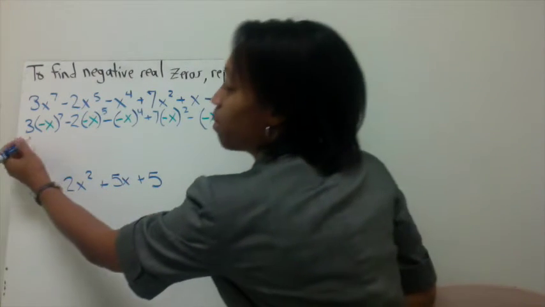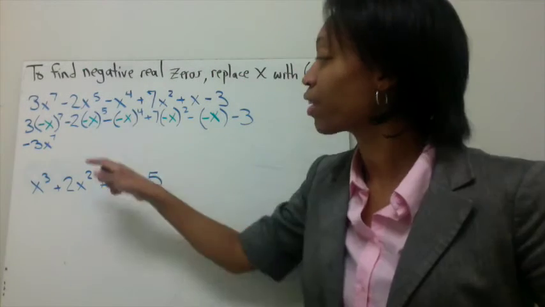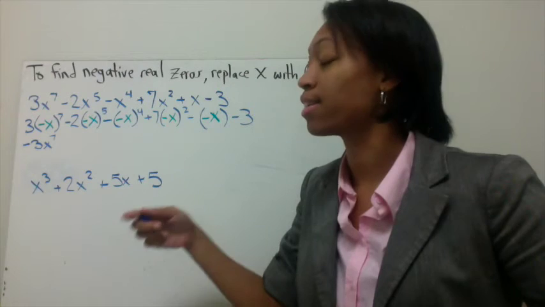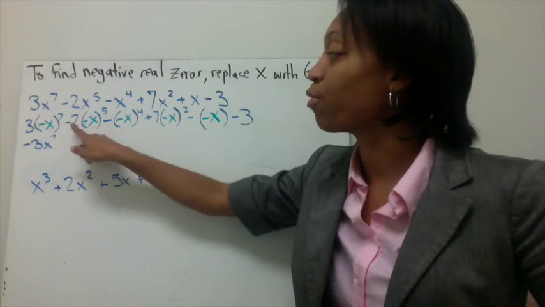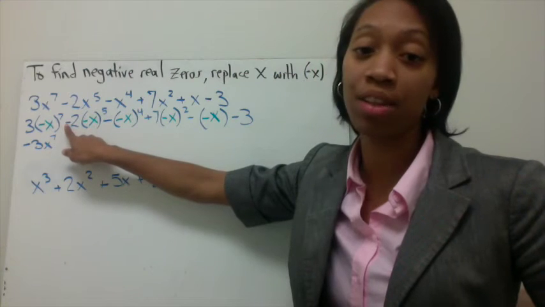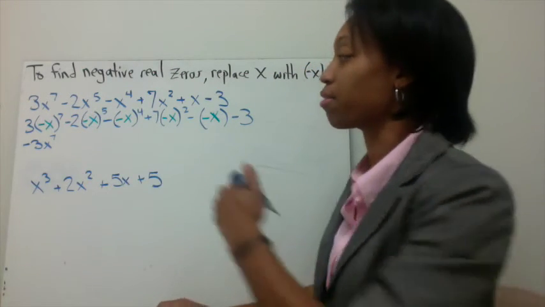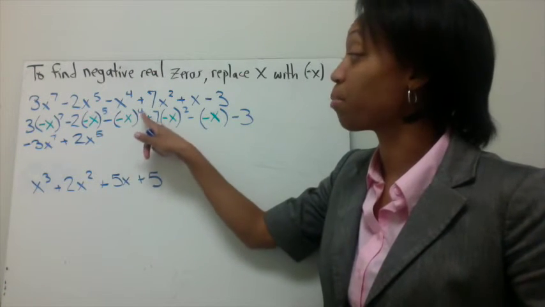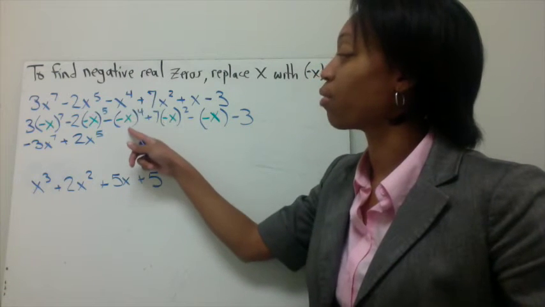So this is going to become negative 3x to the 7. Then I have negative x to the power 5. 5 again is odd, so I have a negative left over. My negative that's left over is going to multiply with this negative, and together they're going to make a positive. Here I have a negative x to the power of 4. That means all of these negatives cancel out.